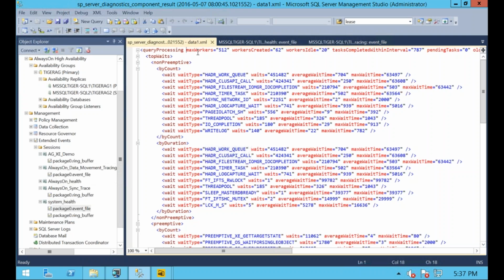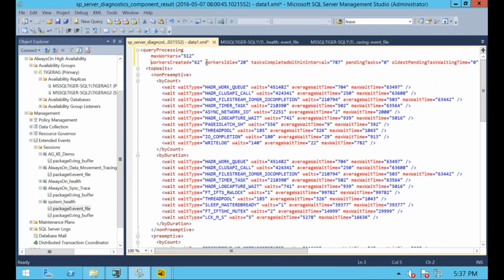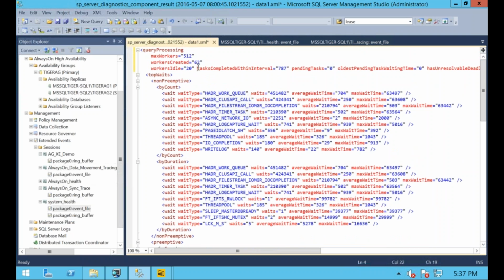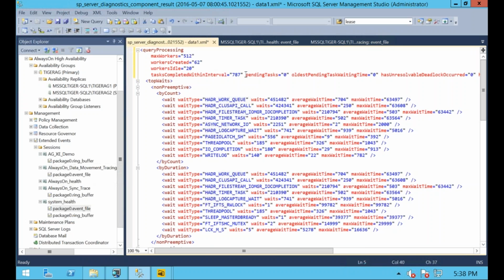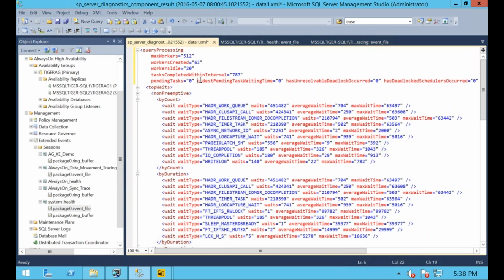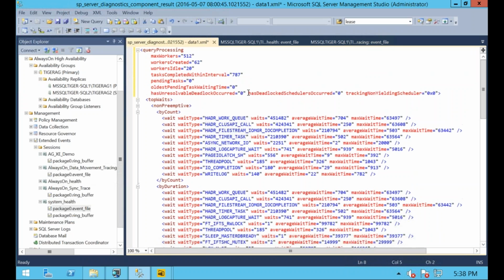And if I look at my max workers and idle threads, this will give you a good indication of whether my SQL Server worker threads are able to keep up with the workload that's coming in.